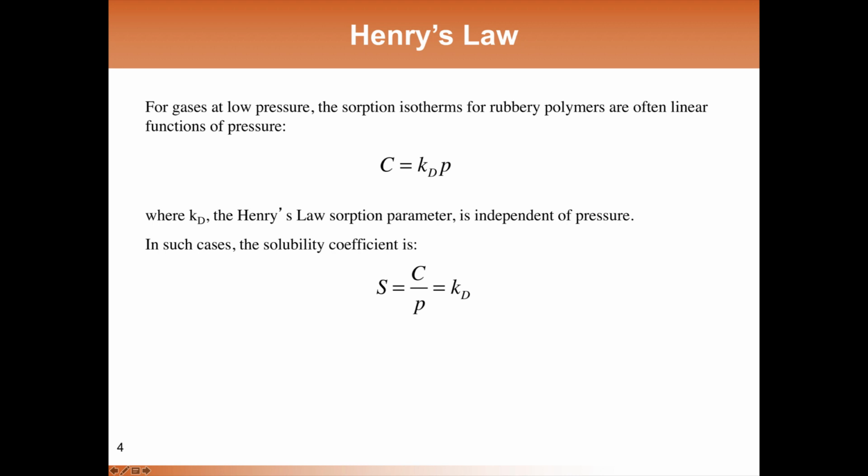And in the case where the sorption isotherms obey Henry's law, then the gas solubility is just a constant. It's the Henry's law constant. And implicit in this discussion is that Kd is independent of P. It will depend upon temperature, it depends upon polymer, it depends upon the penetrant, but it's independent of pressure.